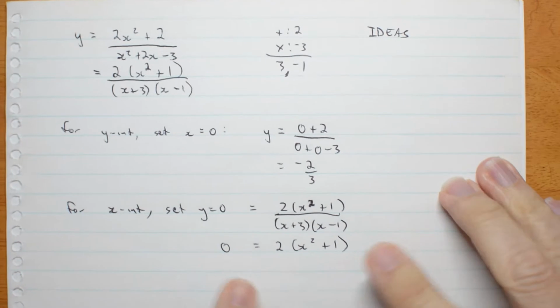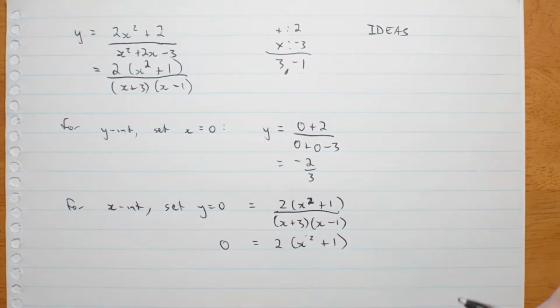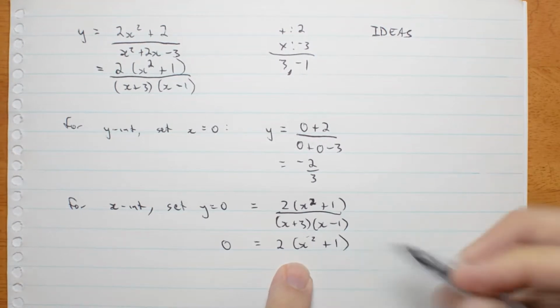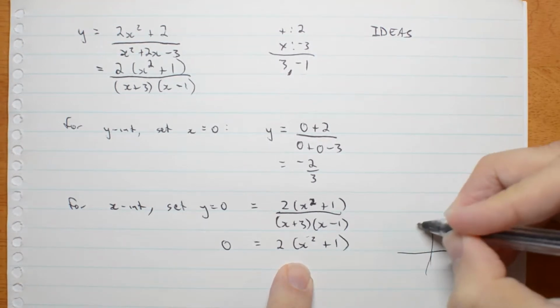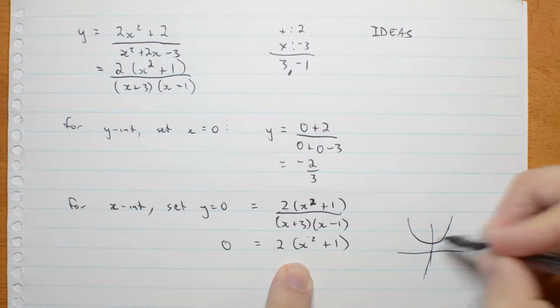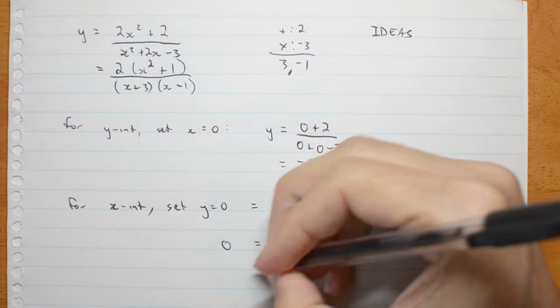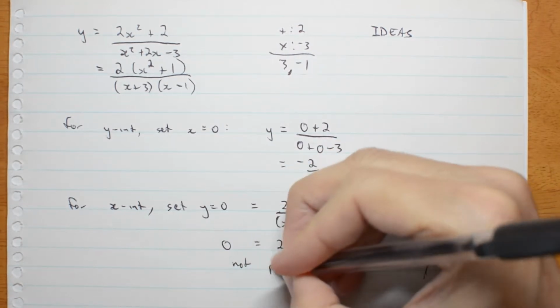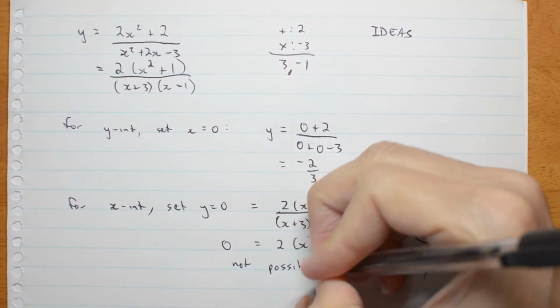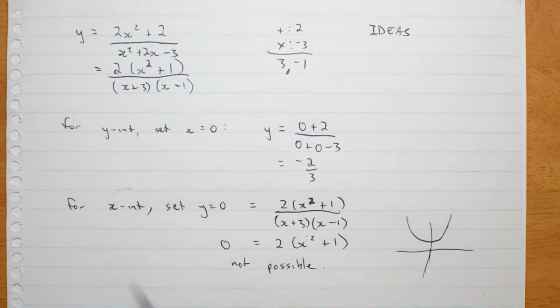But the only way this can be 0 is if this bit in brackets is 0, because 2 is never 0. But x squared plus 1 is a parabola that graphs like this. It will never actually get to 0. So that's never going to happen. Not possible. That means my graph does not cross the x-axis.